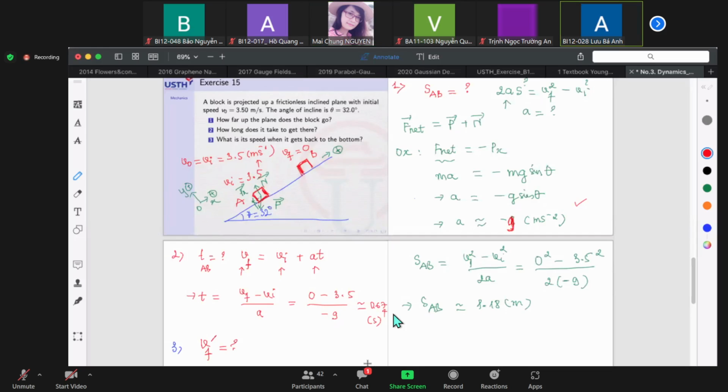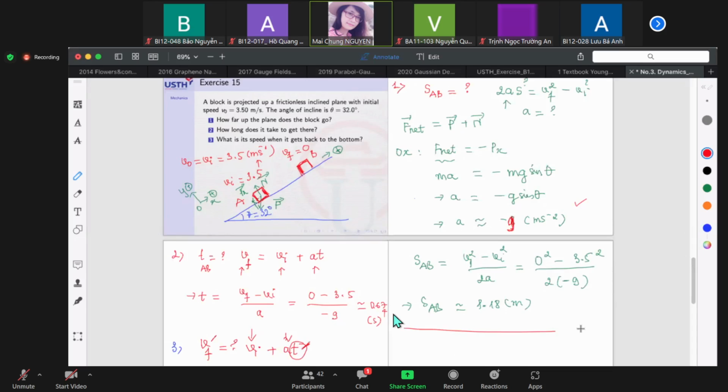I think VF prime is equal to VI plus AT, but here VI is the same VI as before, and the acceleration is the same. For T, it changes. It's not T, the time from A to B. The T here is from A to B and then back to A, right? So we use T prime.